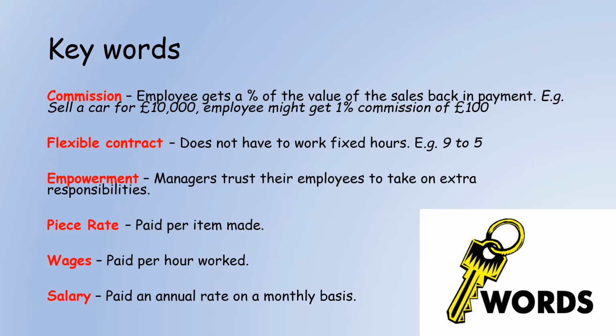So if a person sells a car for about £10,000, that employee on commission might get 1% of the value of it back. So in this case, £10,000 car sold, commission of £100. Usually, the company would offer a very low minimum wage basic, and the employee is expected to top up those earnings from sales.